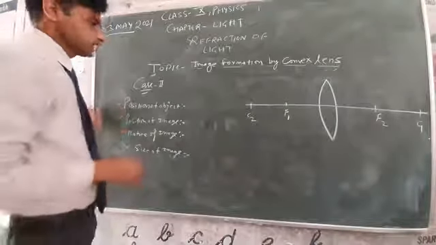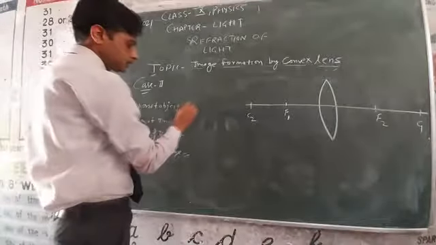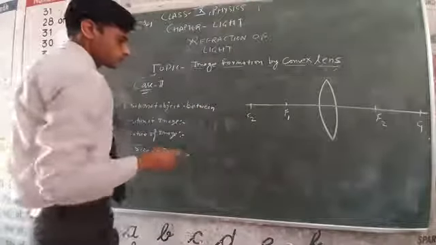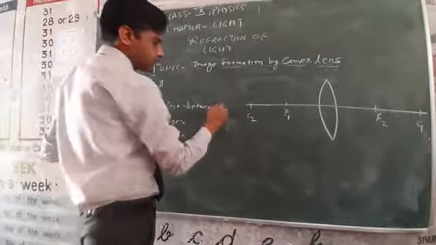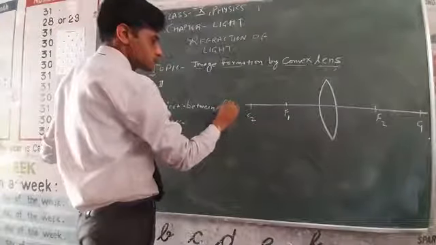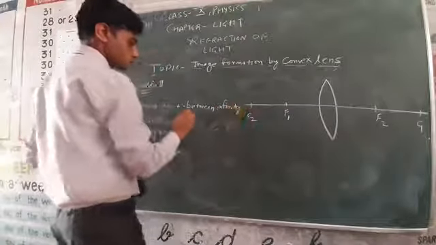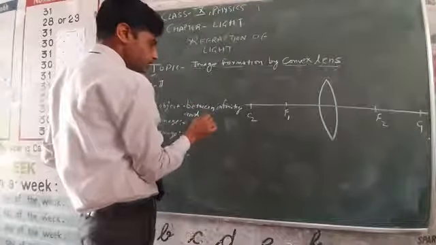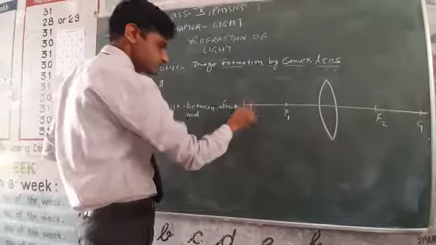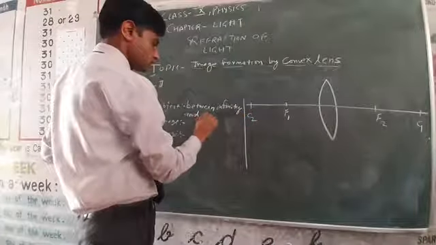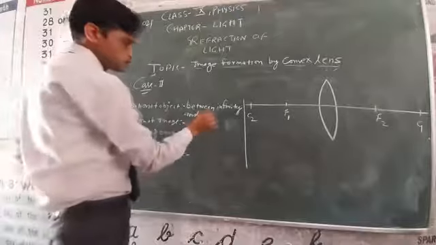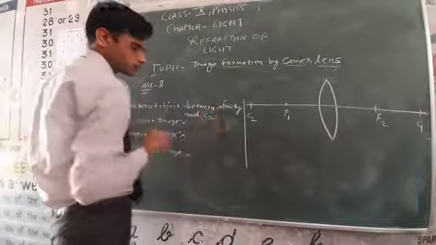Position of object between infinity and C2. It means that C2 is the center of curvature.